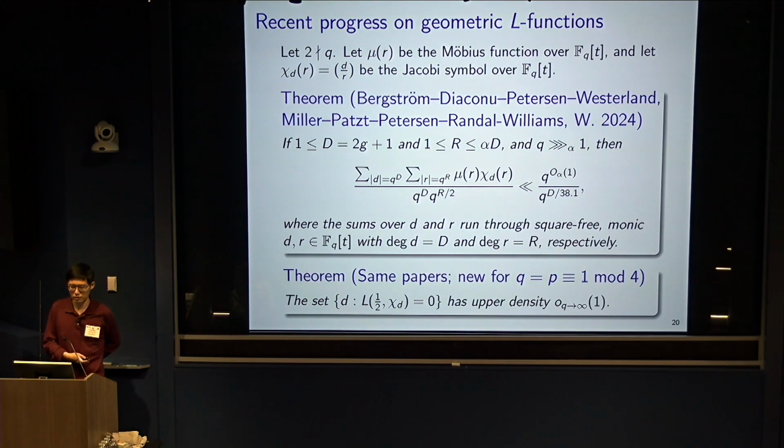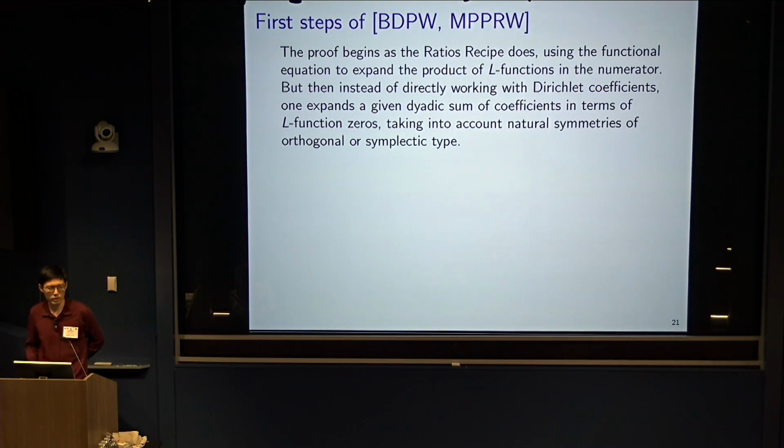Okay, so let me briefly try to go into some of the methods here. The first step is similar to what appears in work of Bump and Gamburd verifying the ratios theorem for random matrices. So the point is we start as in the ratios recipe of CFZ or CFS, and also with Conrey and Snaith later. For all the L functions in the numerator, you expand them using the functional equation.